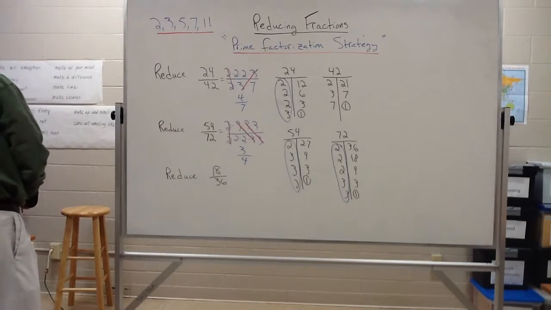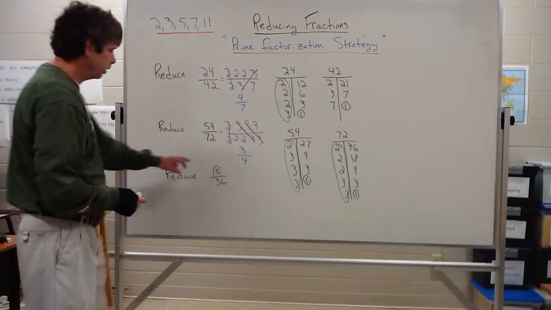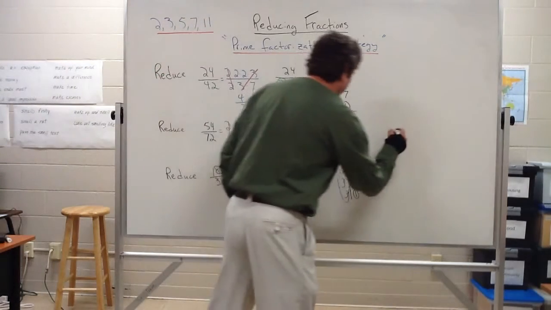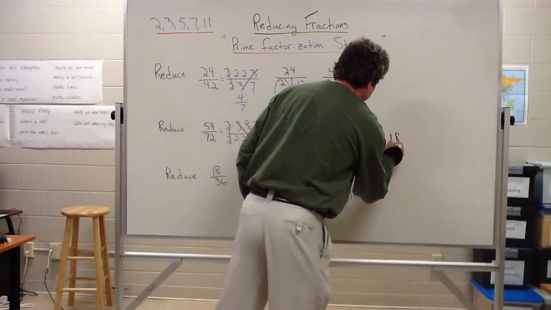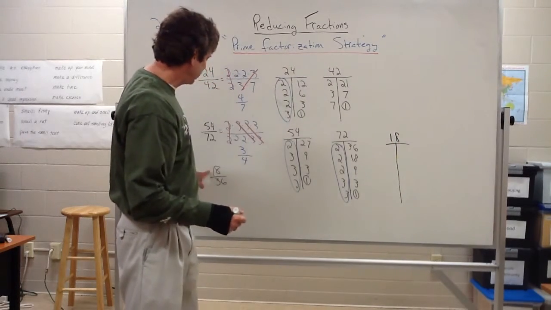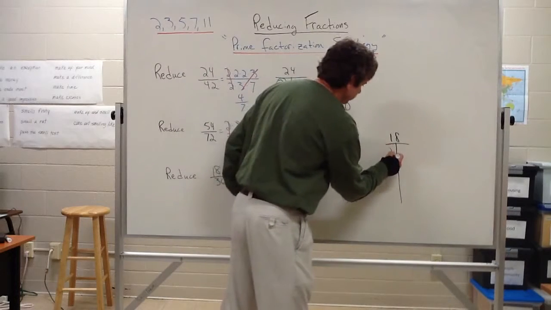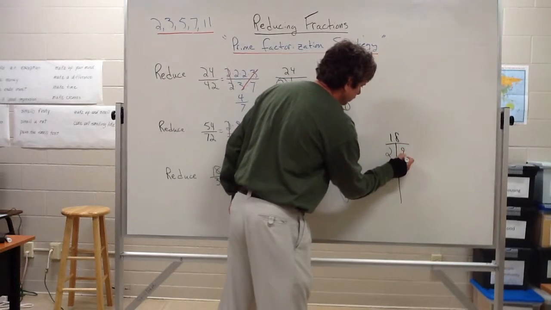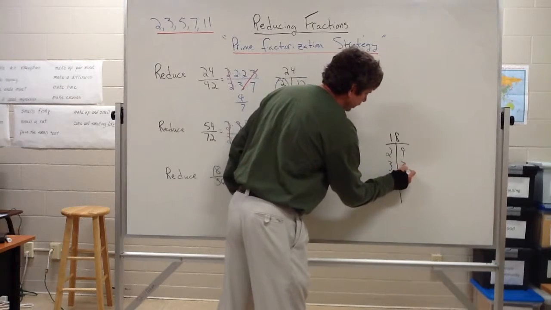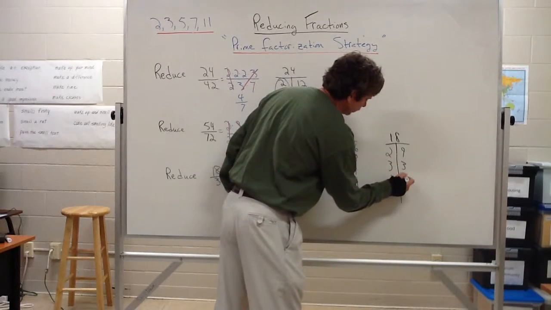Let's turn our attention to this 18 over 36. So I'm going to slide over here and put this 18 down to start with. And again, since 18 is even, I can break it down with the 2. 2 goes into 18 9 times. Then the 3, of course, goes into 9 3 times. And the 3 goes into itself 1 time.